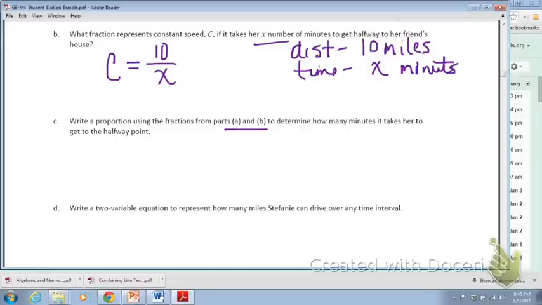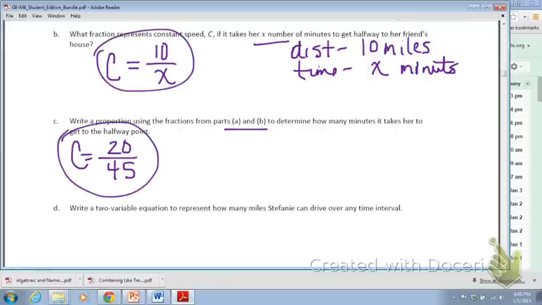In that first part, I had 20 miles in 45 minutes, and that was my constant rate there. Because these are both equal to the same constant rate, I know they're equal to each other. So 10 over X can be said equal to 20 over 45.